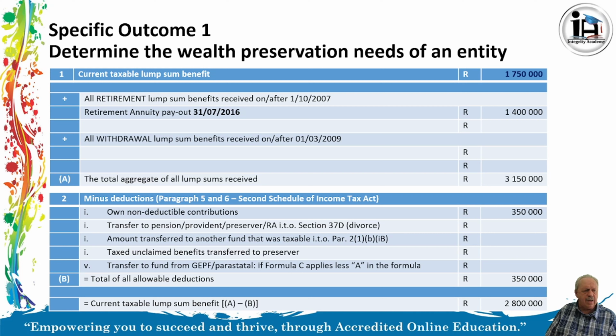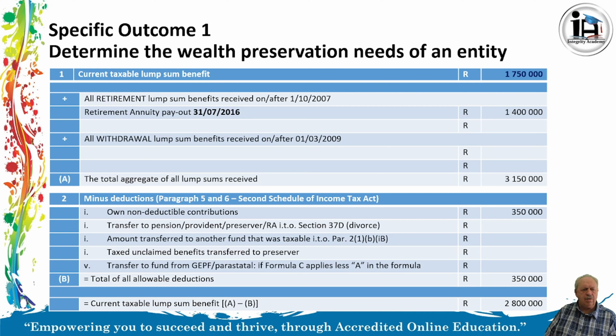Then tax unclaimed benefits transferred to a preservation fund. And then the last one is transfer to a fund from a government employee pension fund or parastatal if Formula C applies and there's less A in that formula. We'll discuss this specific scenario later, but that's a different calculation that one needs to do according to Formula C of the Income Tax Act.